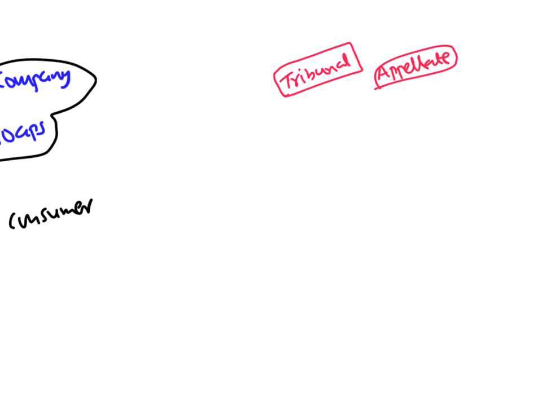So appellate, what is the meaning of appellate? Appellate means not as the first instance but as an appeal. If you look at GST law, it has certain provisions. For example, you are an owner of a company, or an individual running a small company, and you are not happy with a certain tax that has been charged on you.